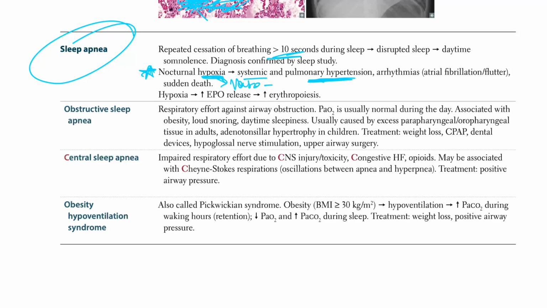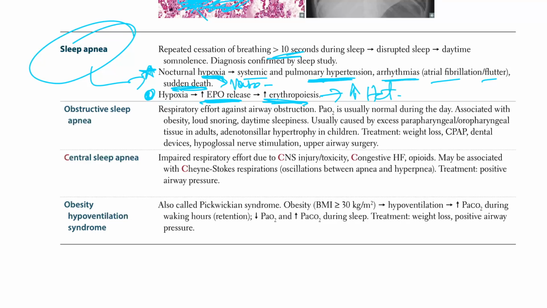Vasoconstriction causes pulmonary hypertension, right? So systemic and pulmonary hypertension, and arrhythmias, AFib, flutter, and sudden death can occur with sleep apnea. High yield: hypoxia causes an increase in EPO release, which is erythropoietin from the kidneys, causing an increase in erythropoiesis and an increase in hematocrit.